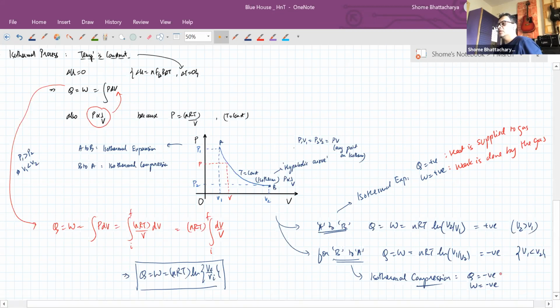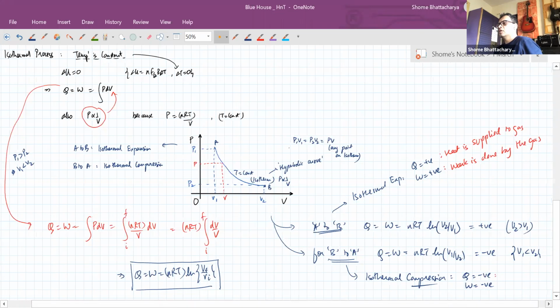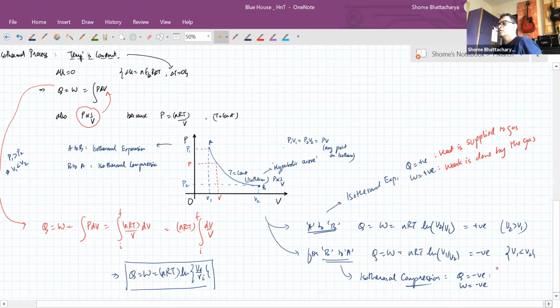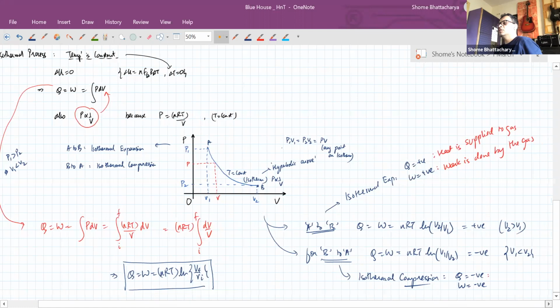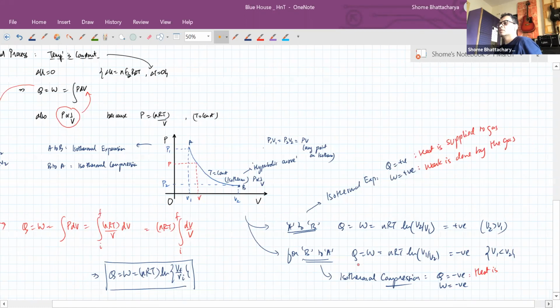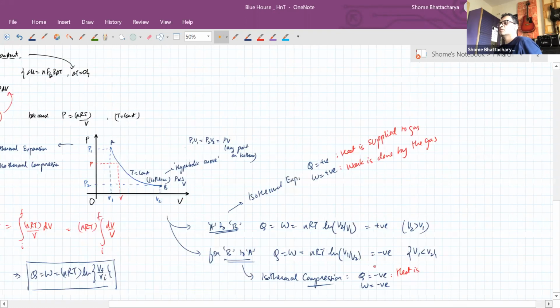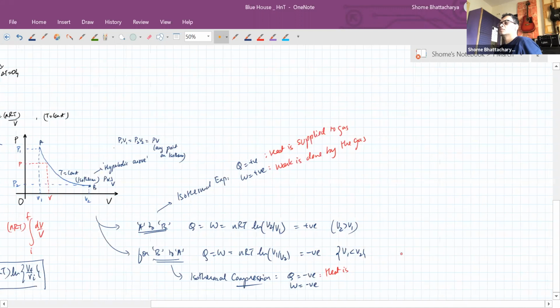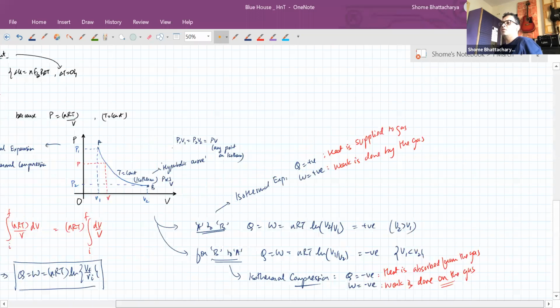Whereas in this case, heat is absorbed from the gas and in this case work is done on the gas, because work done by the gas is negative. That means work is being done by the external agent on the gas.